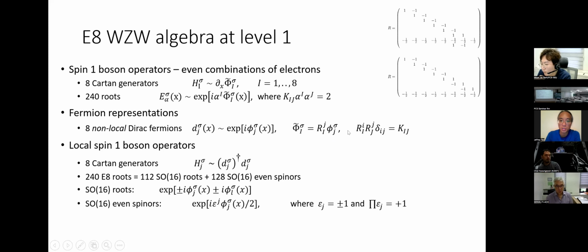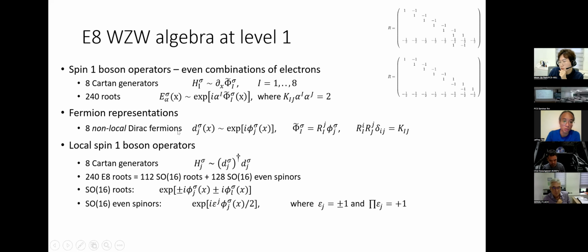The only requirement of the R matrix is that it diagonalizes the E8 K matrix. So there are multiple examples. No matter what you choose, you will have some 1/2 in your R matrix, and therefore your Dirac fermions will not be local. This means that they are not integral combinations of the electrons.